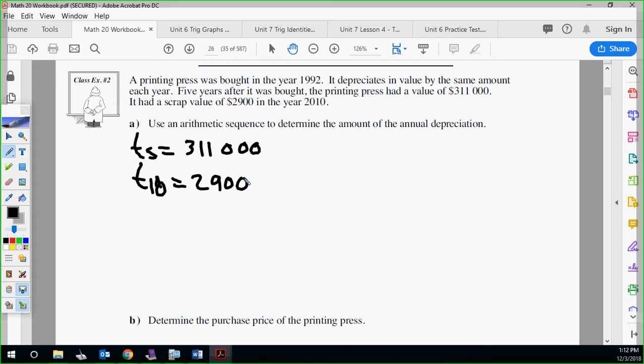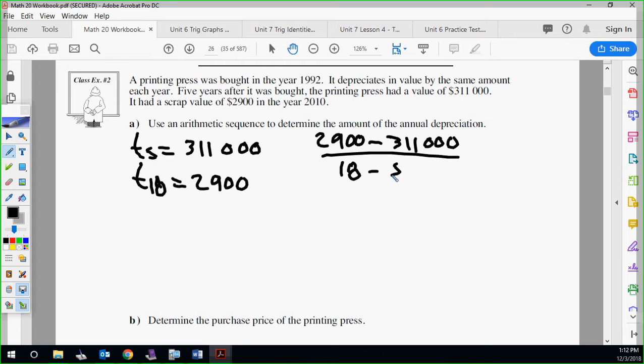So then let's go to Gavin here. Gavin, how can I find a quick way of figuring out what the rate is? Yeah, slope. And remember, it's this one first, right? Because it's going to be negative. We know it's depreciating, so it's going to be 2,900 minus 311,000 over 18 minus 5.